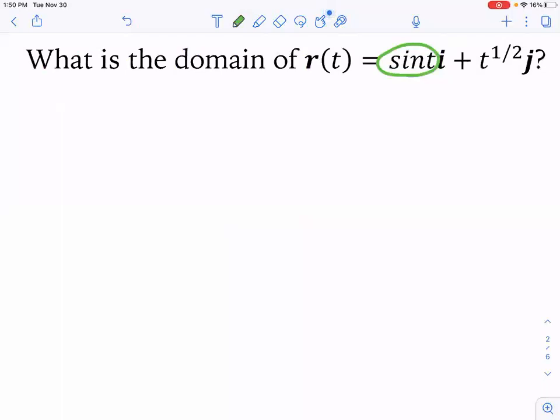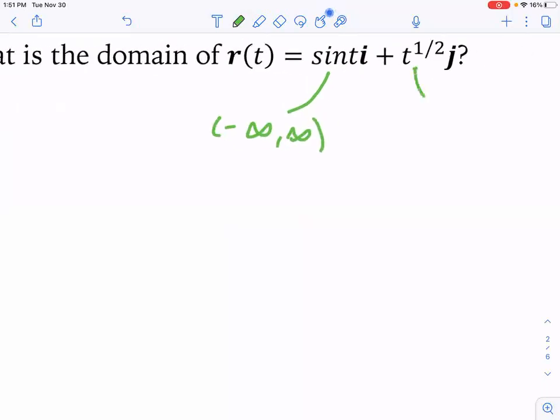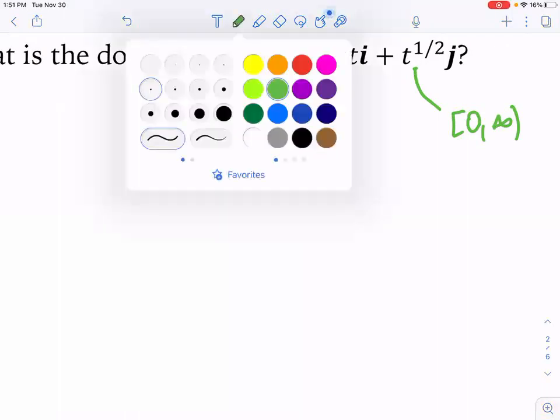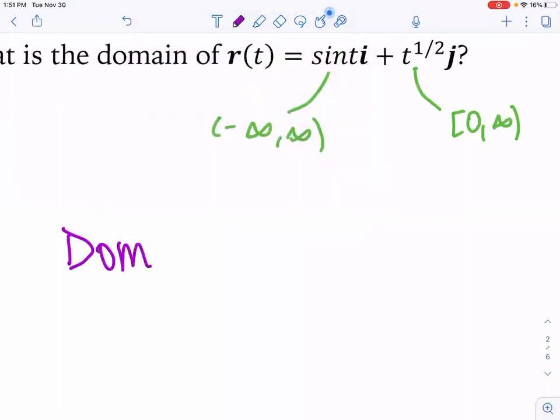What's the domain of the sine of t? What about t to the 1/2? What would that domain be? 0 to infinity. All right. So when we're looking at the domain of the entire vector valued function, we want to look at where these two overlap. So where do these two overlap? 0 to infinity.